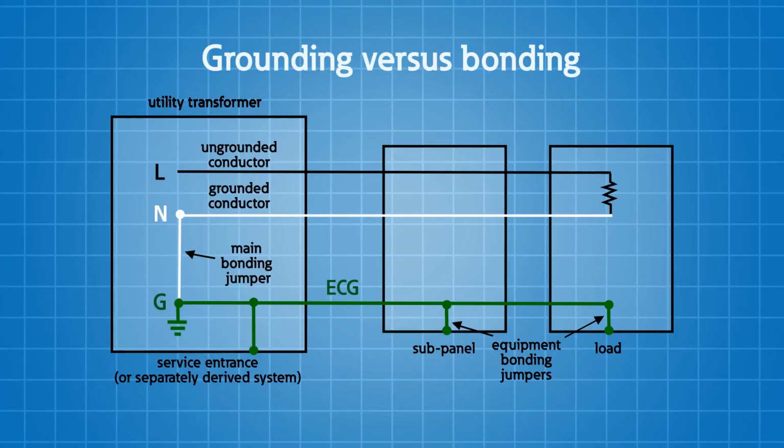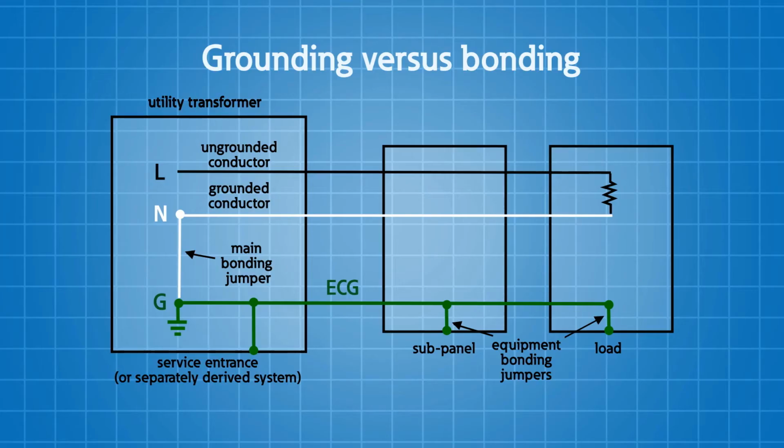Now, everything that we have just discussed around power system grounding is separate from the bonding discussion that we had, because regardless of the grounding method for the power distribution system, the equipment grounding doesn't change and bonding is still critical and required. The difference is that the grounded conductor and the grounding conductor must be insulated from each other outside of one point in the power distribution system where they're bonded.